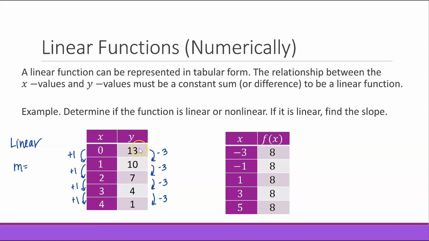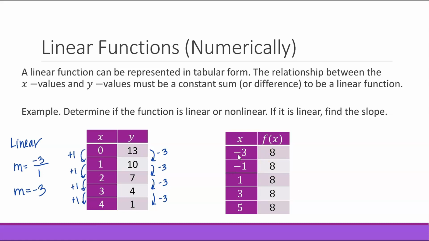So here, we found that the difference in the numerator was negative 3 every time, and the difference between the x values, which would go in the denominator, is 1 every time. So the slope is simply negative 3. So in thinking about whether or not we have a linear function, we can identify the slope by thinking about the change in the y values over the change in the x values.